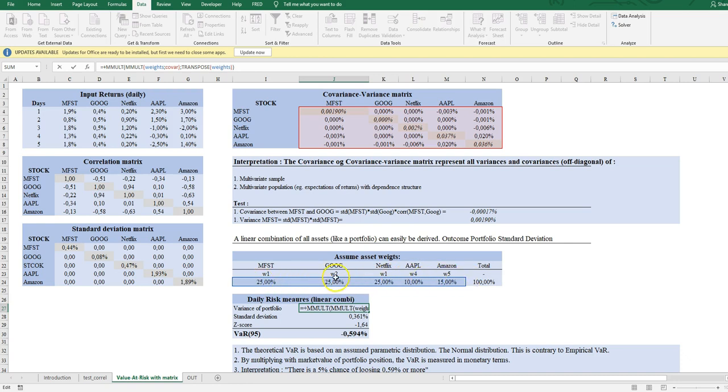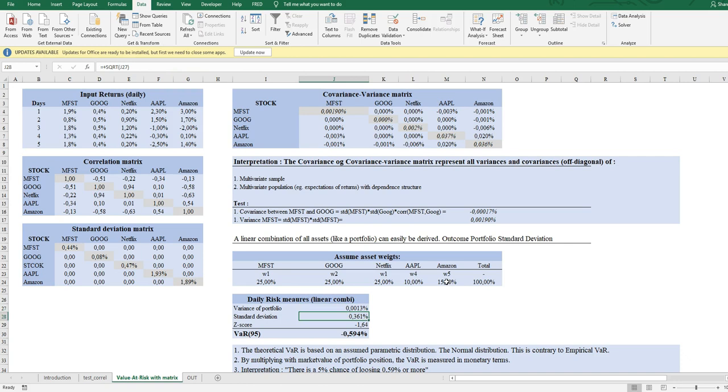And the reason I transpose it is to make sure that the dimension is correct in the way we multiply the matrices and the vectors. And this gives the variance, and as always we can calculate the standard deviation by just square rooting the variance.